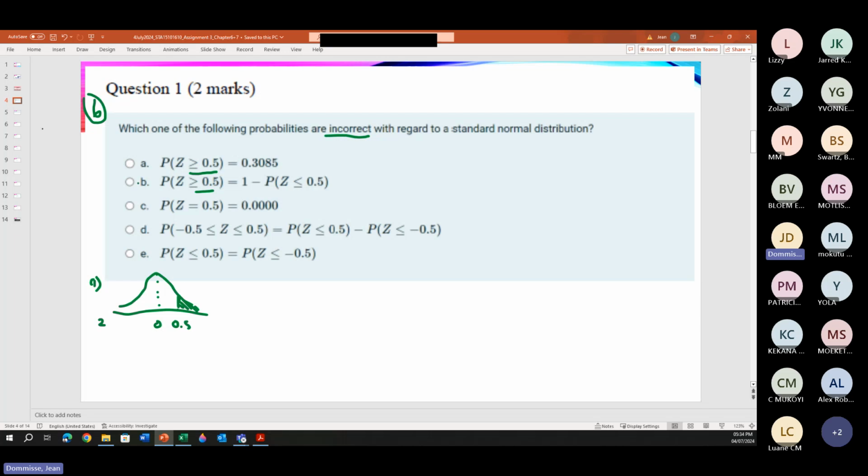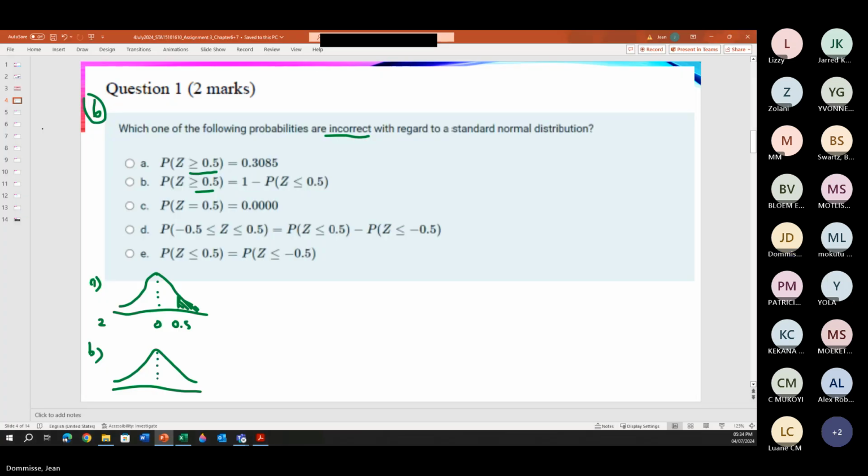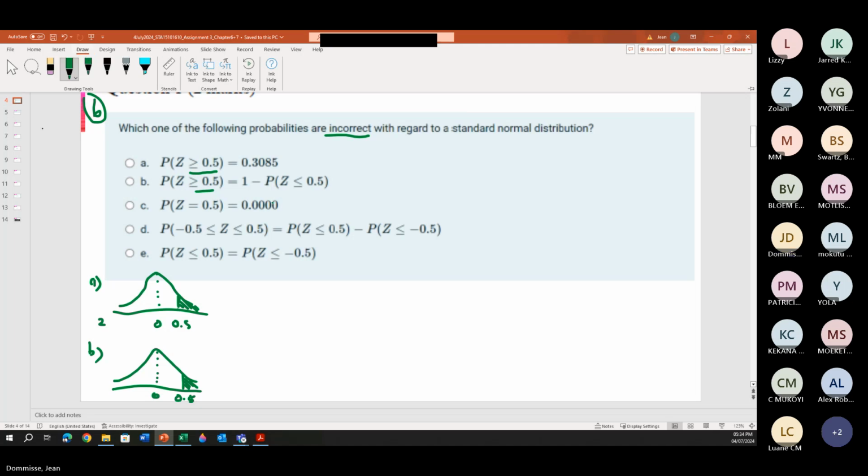Looking at B, that is what we're also going to do: to get Z bigger or equal to 0.5, we say 1 minus Z smaller or equal to 0.5.